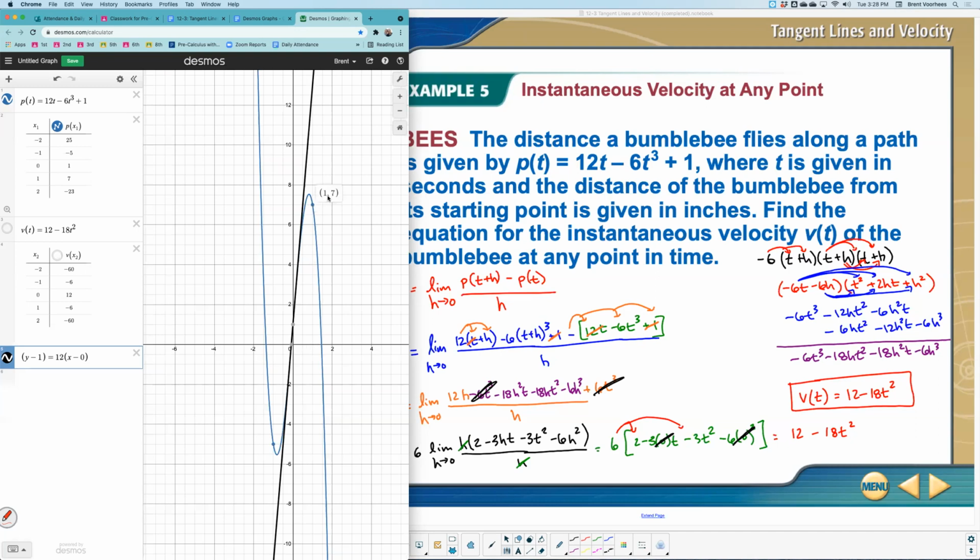Just the same, if we wanted to find the tangent line or the slope at 1, 7, I would come over here and say, all right, at 1, 7, it looks like the slope would be -6. So if I did -6 at the point where x was 1 and y was 7, you can see that I have a tangent line coming through right here. This function here is the position function.